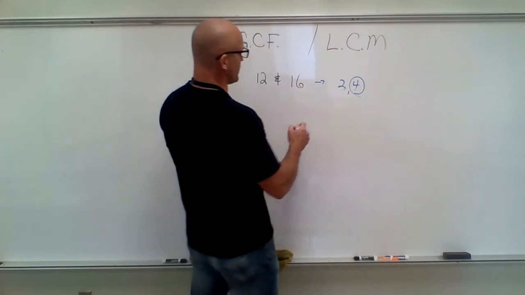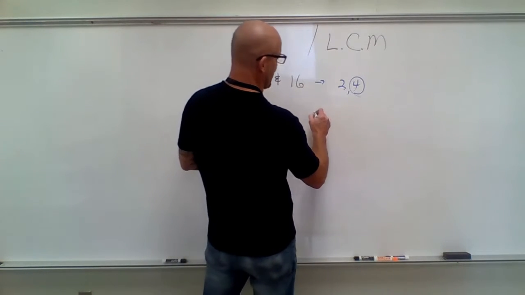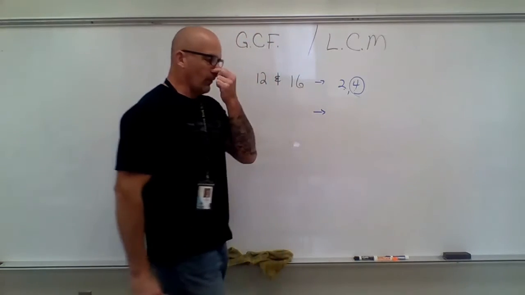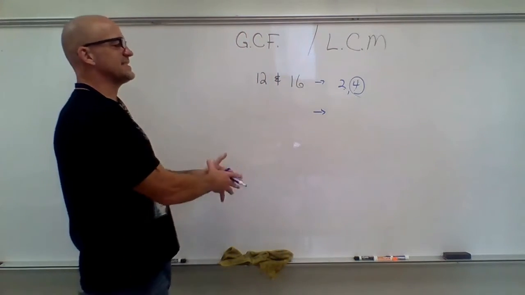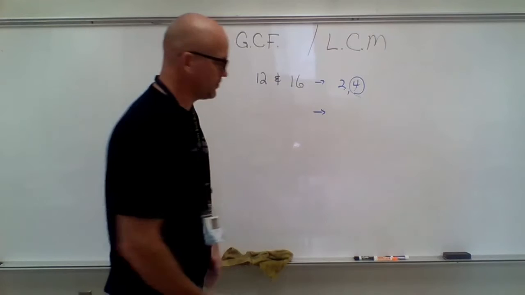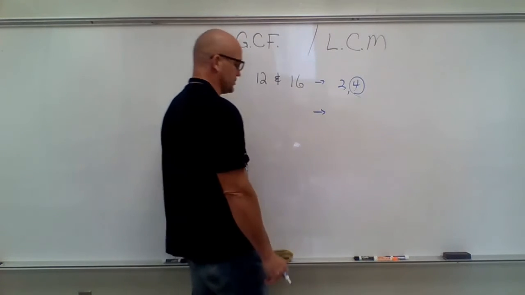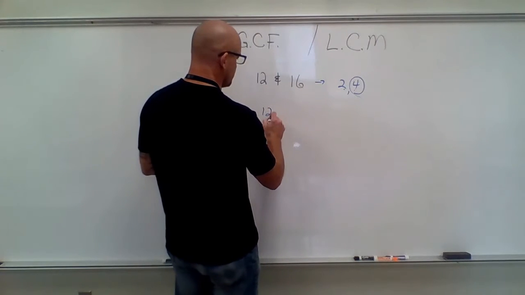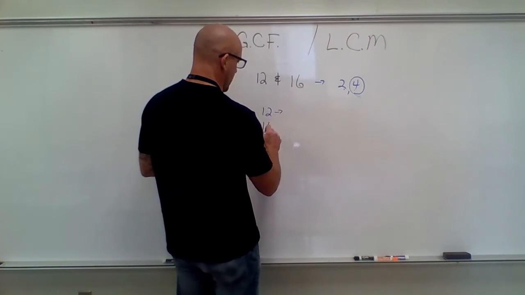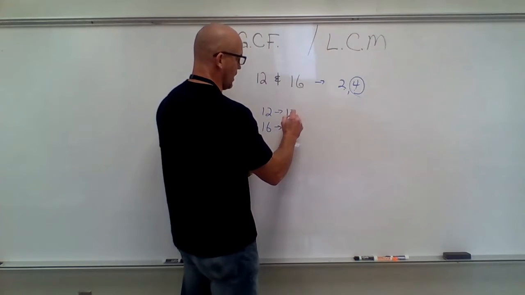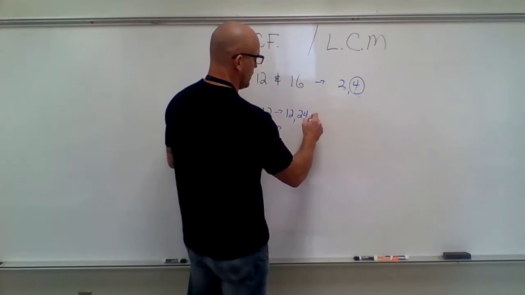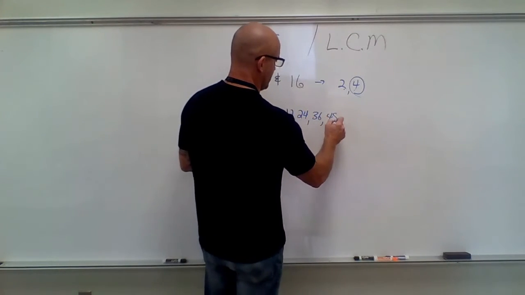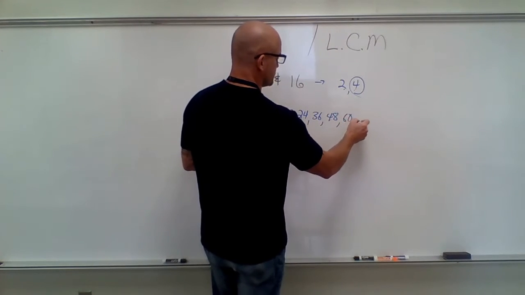If we were then going to go to LCM, least common multiple, what we would do is probably list their multiples. For instance, if I start listing the multiples of 12, you would have 12, 24, 36, 48, 60, and so forth and so on.